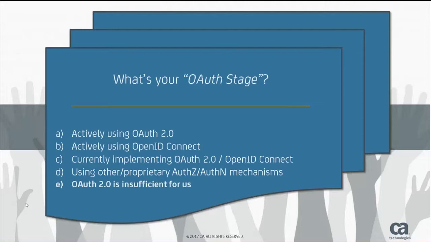If we don't get that many answers, then let's just skip it. So I'll keep it open for 1 minute now. I'm seeing some responses here for using other mechanisms and currently implementing. Let's have a look.